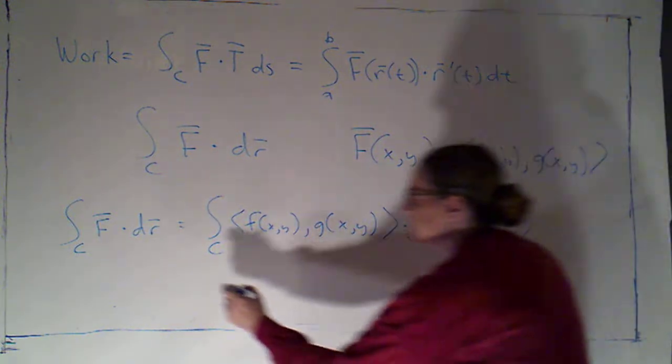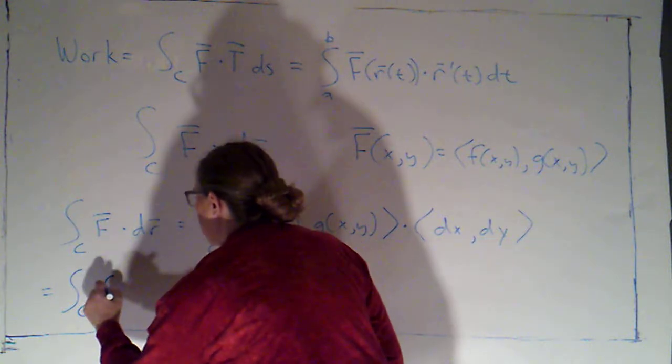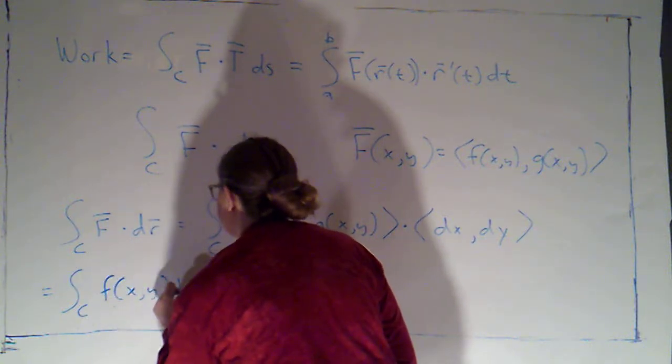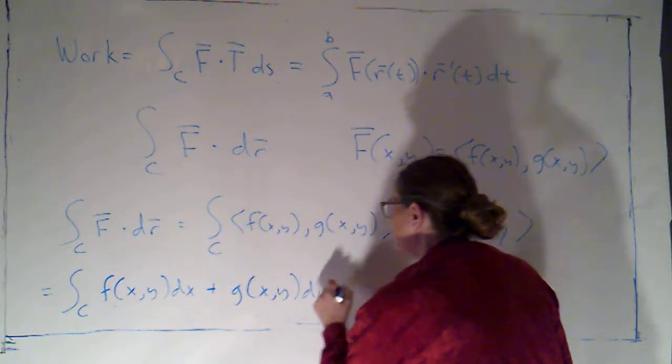Now if I work out that dot product, that becomes the integral along C of f(x, y) dx plus g(x, y) dy.